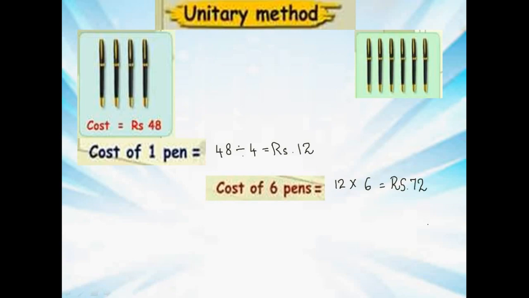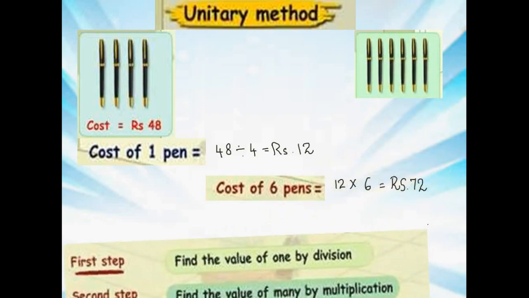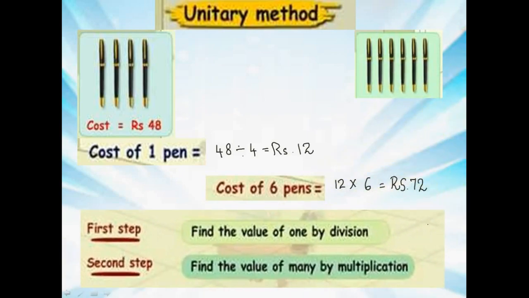So how did we find the answer here? In the first step, to find the cost of 1 pen, we divide the cost of 4 pens by 4. It gives you the cost of 1 pen. Now, to find the value of many, we use multiplication. That is, to find the cost of 6 pens, we multiply the cost of 1 pen with 6.